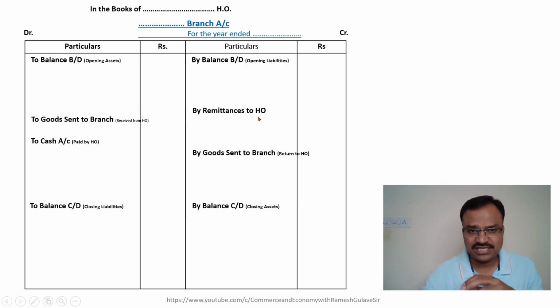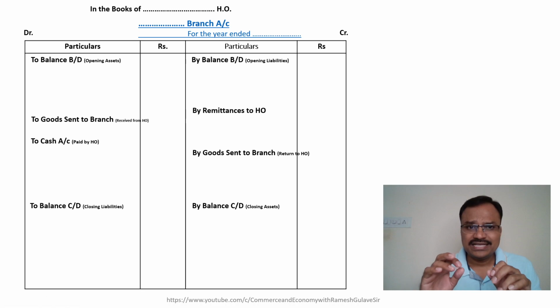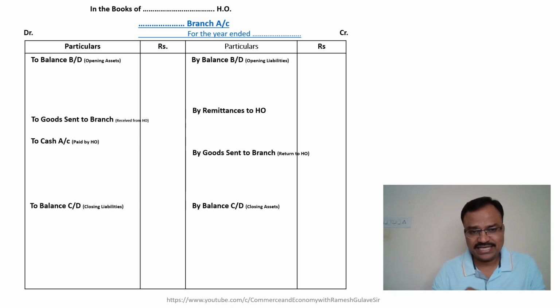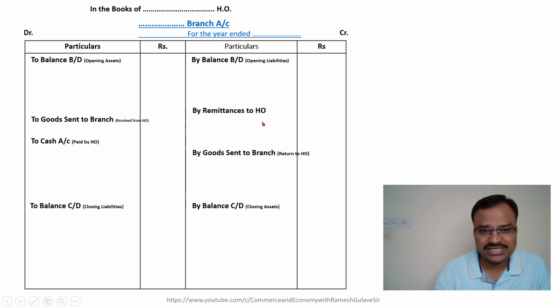So basically, cash sent by branch to head office is recorded here on the credit side of branch account as by remittances to head office.